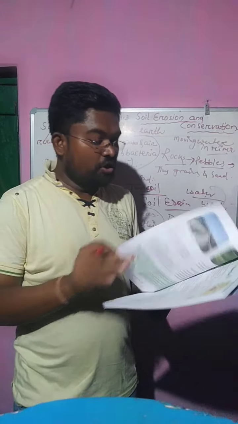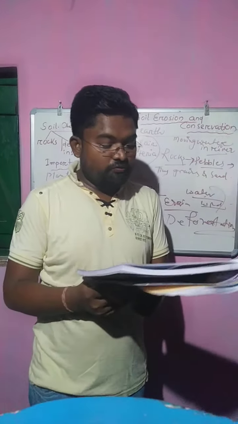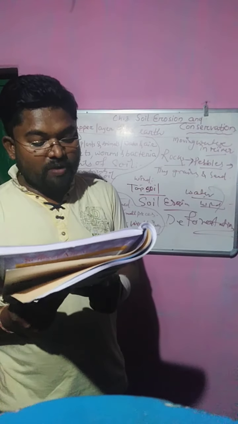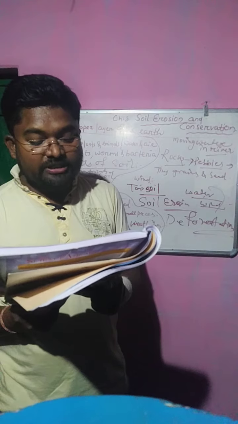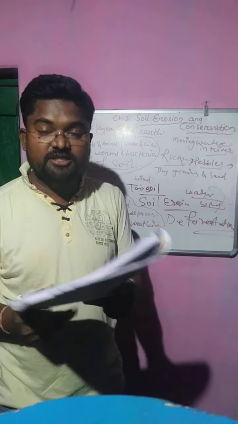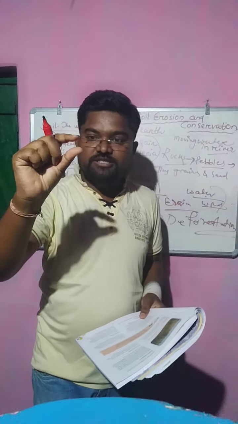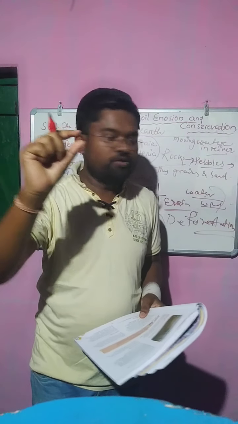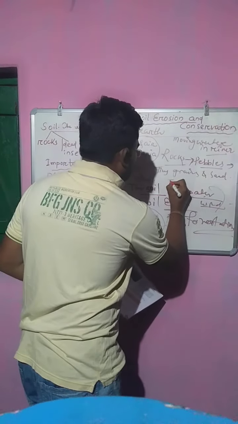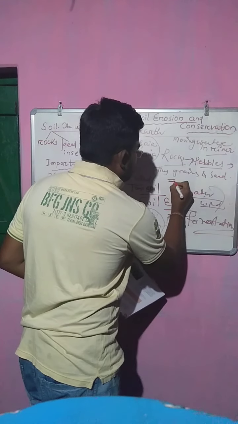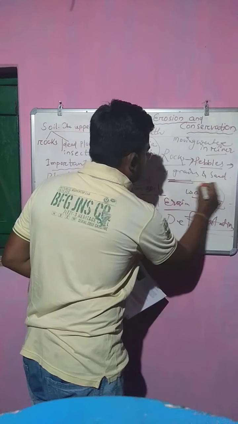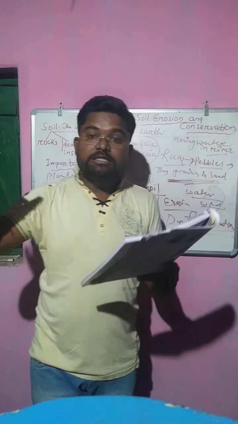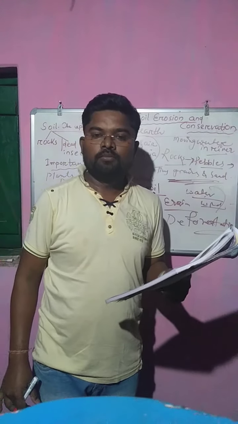Then soil conservation. What do you mean by soil conservation? The formation of a layer of soil that is 1 cm thick takes more than 100 years. Imagine, by the scale you see 1 cm thick soil. This much soil on the land takes 100 years to form.